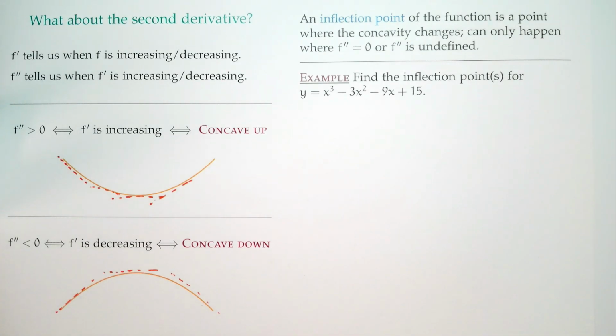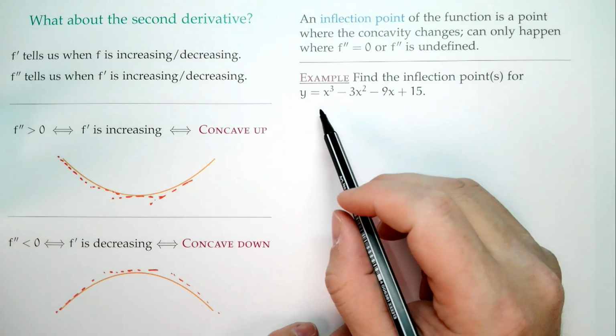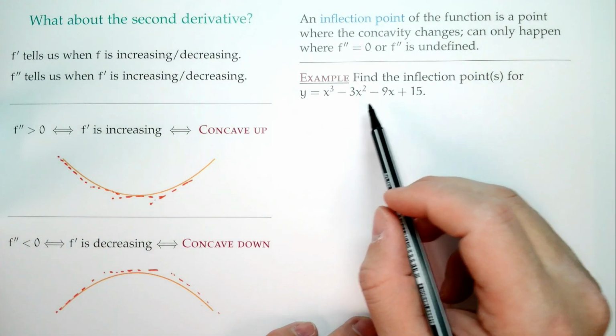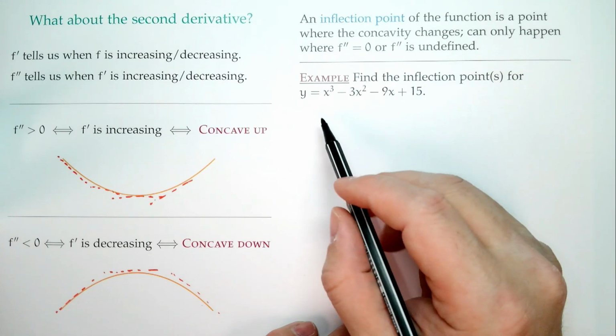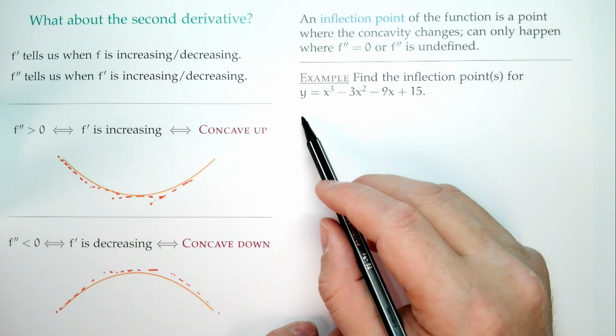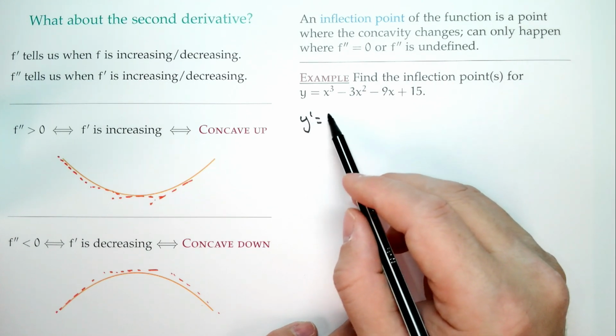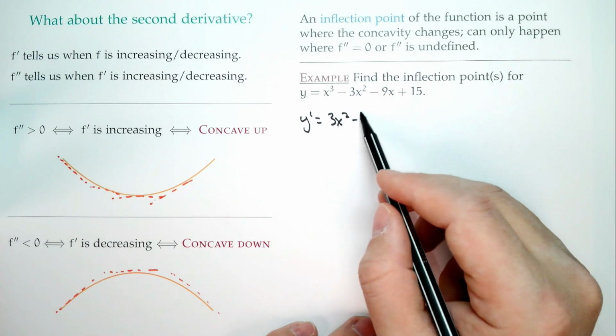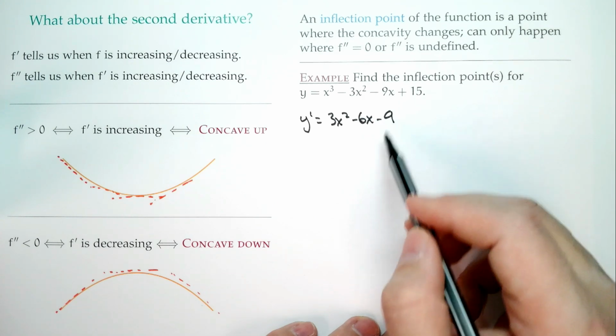So let's find the inflection point, or possibly points, for the following function. Y equals x cubed minus 3x squared minus 9x plus 15. So we want to look at the second derivative. So we'll look at the first derivative. That's 3x squared minus 6x minus 9.